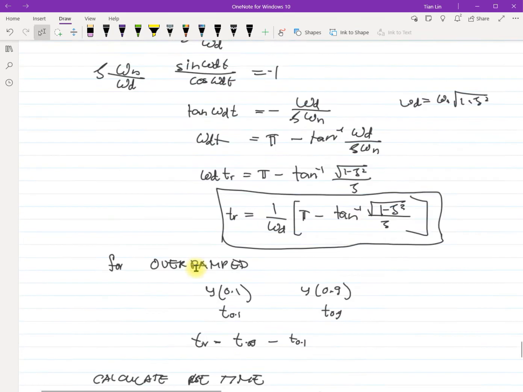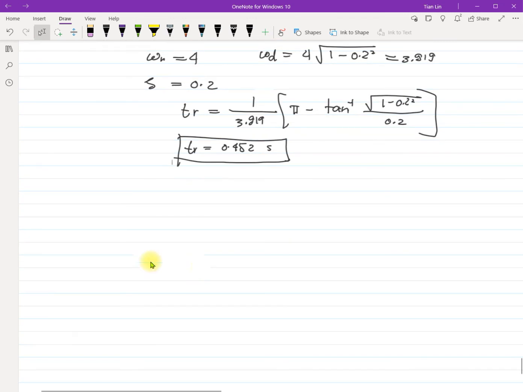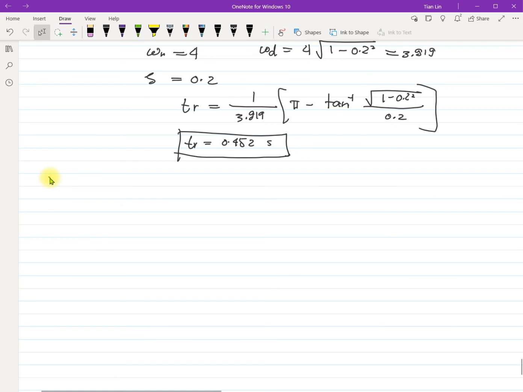Next is the next parameter. We call it number 2. For an underdamped system, we call this one the peak time. There's no peak time for the overdamped system.